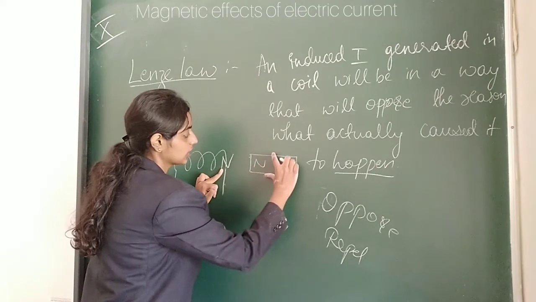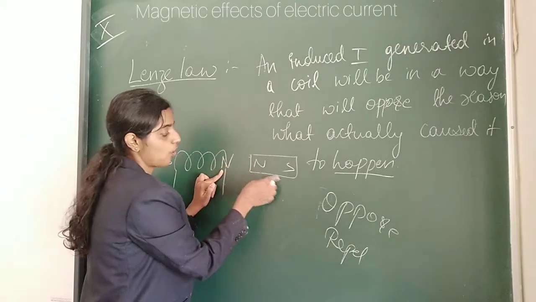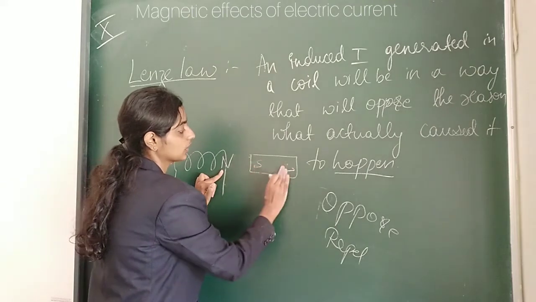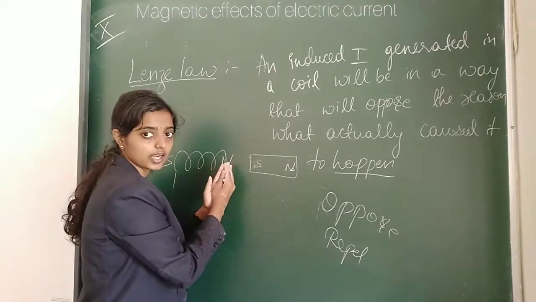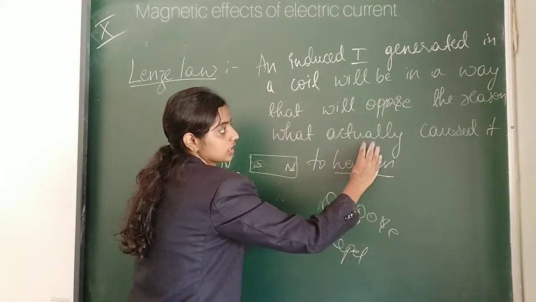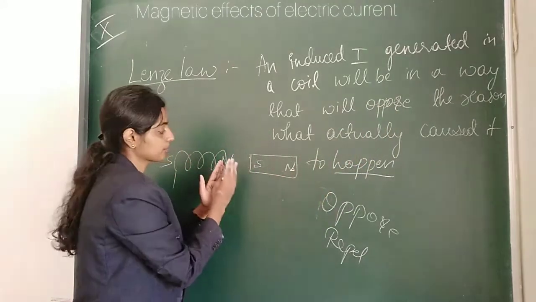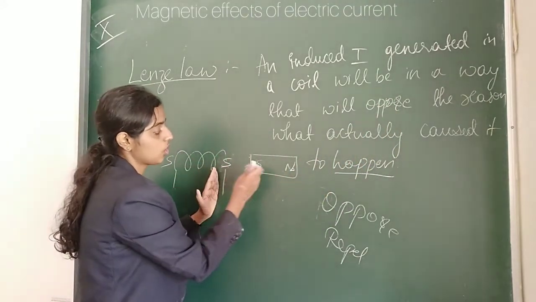So if north starts to come here, the coil end will also act as a north to oppose. For example, if it is north and south, they will attract. But here what he told is that the actual cause will be opposed. So it will also act as a south and oppose.